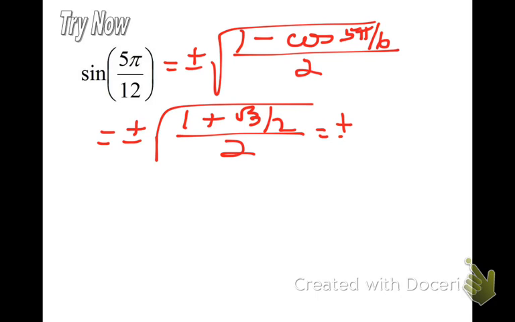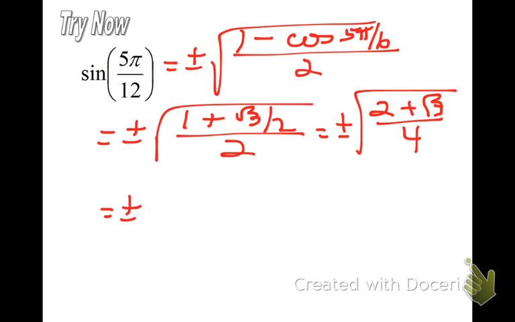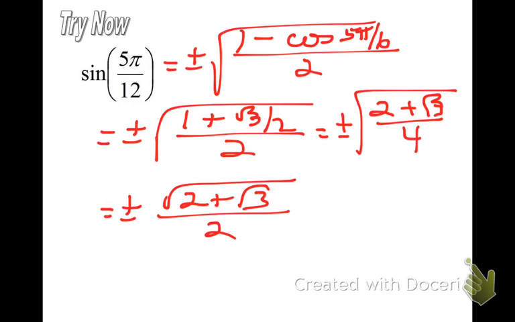Simplifying the fraction, 2 plus root 3 over 4. And then we will have it as square root of 2 plus root 3 over 2. Again, plus or minus. 5 pi over 12 is in the first quadrant, so that is a positive answer for sine.